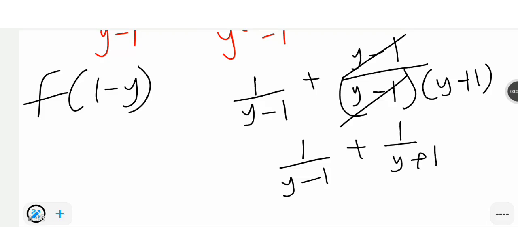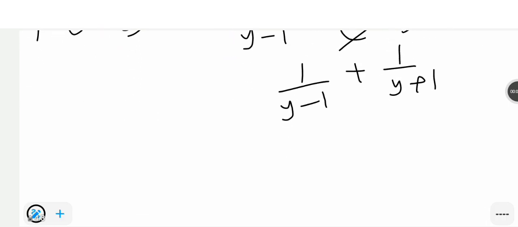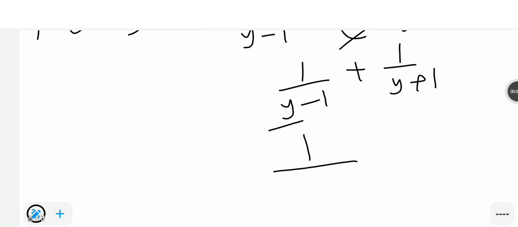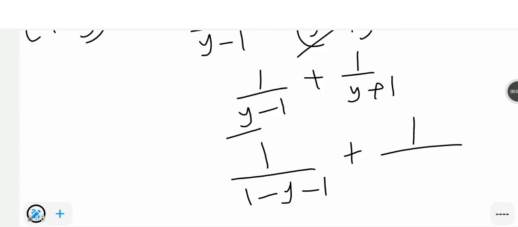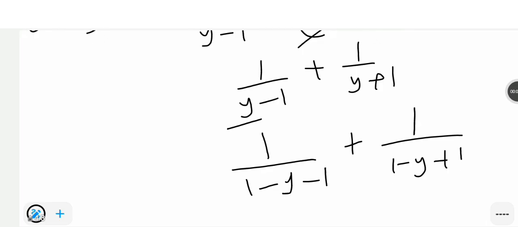So you have 1 over y minus 1. The next thing to plug in, you have to find f(1 - y). That means you come to this expression here. Anywhere you see y, you write in 1 minus y there. So this is 1 over, this is y here, what you're going to write there is 1 minus y. So 1 minus y minus 1, plus 1 over, this is another y here, writing 1 minus y plus 1.